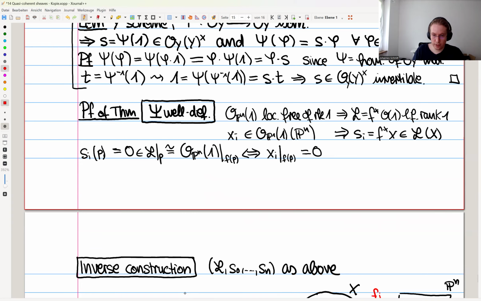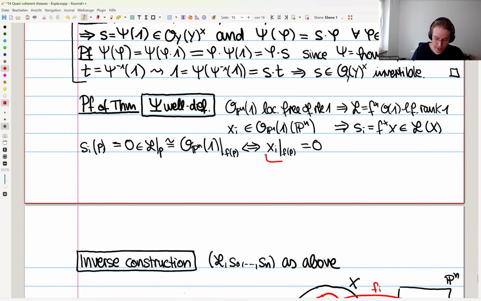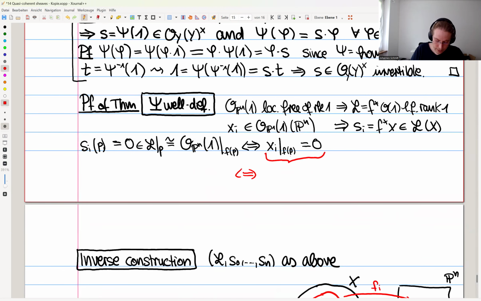And there's one thing to check here, which we're not going to do, namely that this vanishing looks very suggestive, right? This says the coordinate function x_i at this point vanishes, and you can check this is indeed exactly what it says. This is equivalent to saying that this is in the vanishing locus of x_i. So this x_i is an abstract section, and this vanishing of x_i is the usual thing that we defined, just the set of points whose i-th coordinate is 0, making sure that these definitions fit together.